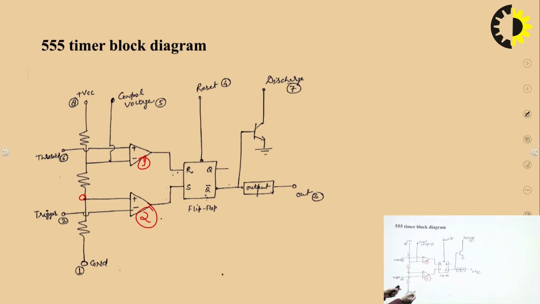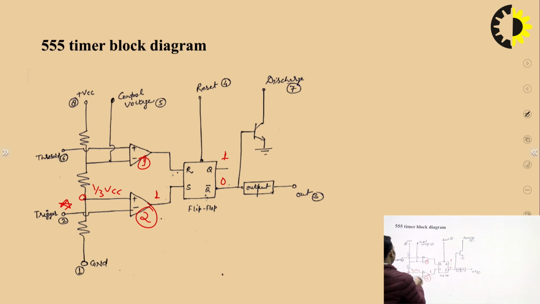For comparator 2, when the input at the trigger is more than 1/3 VCC, nothing will happen. But when it is less than this, its output will change. That means the output of comparator 2 will become 1, and it goes as input to the flip-flop. That means the output of this comparator will be 1 and it should be 0.